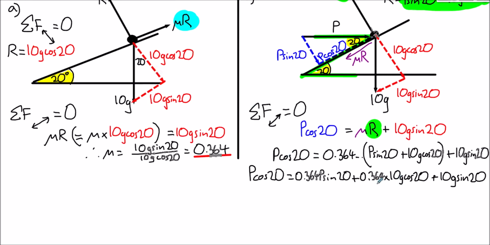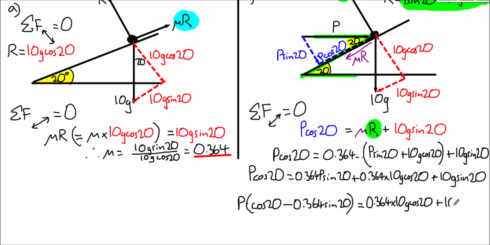Now if we get all the P's onto the same side, on this side if we subtract 0.364 P sine 20, we'll have P, and factorise it out, (cos 20 minus 0.364 sine 20). That will equal 0.364 times 10g cos 20 plus 10g sine 20.